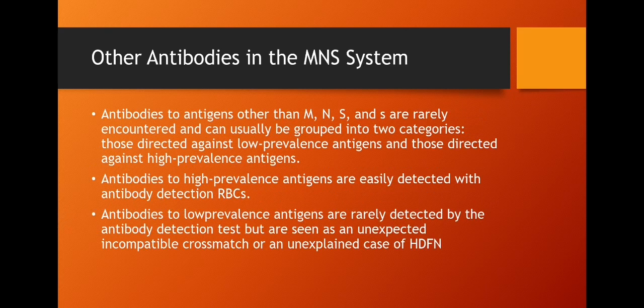Other antibodies in the MNS system are antibodies to antigens that are rarely encountered and can usually be grouped into two categories: those directed against low prevalence antigens and those directed against high prevalence antigens. Antibodies to high prevalence antigens are easily detected with antibody detection RBCs.